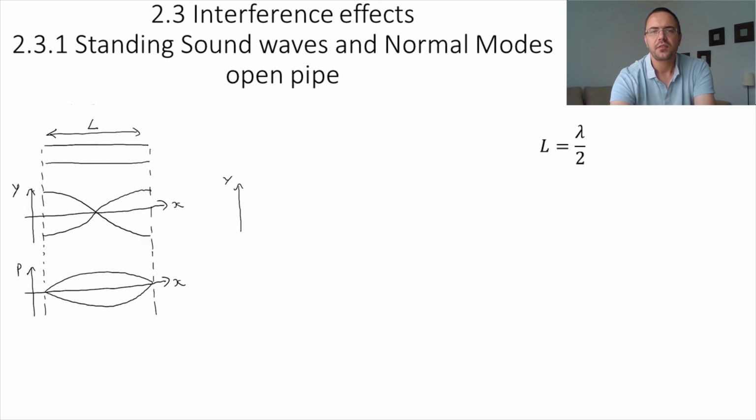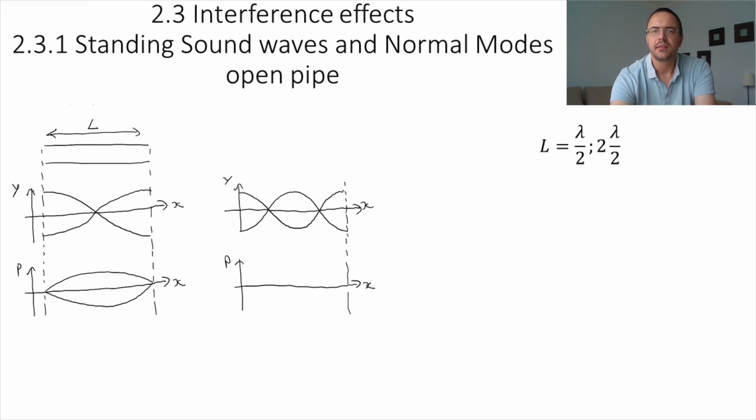Let's say that we look at the second harmonic. In this case, looking at the displacement, I will have an additional antinode in the center and two nodes, one at 1/4 and one at 3/4 of the length of the pipe. And so the length of the pipe is equal to 1 full wavelength, or in terms of half wavelengths, 2 lambda over 2.